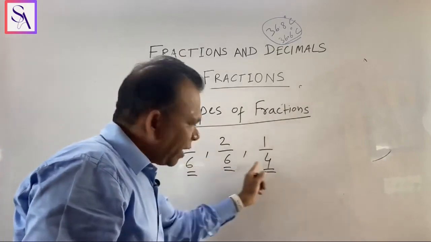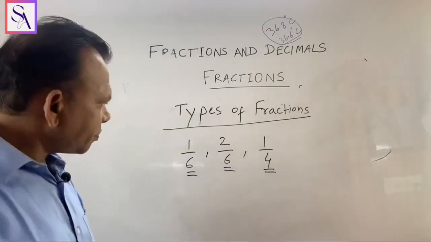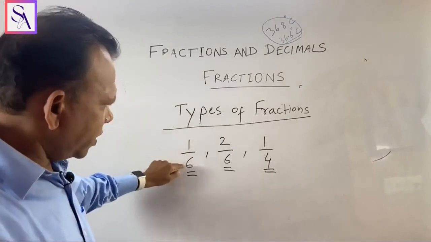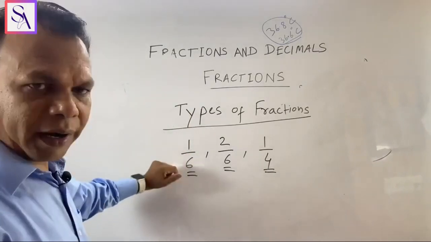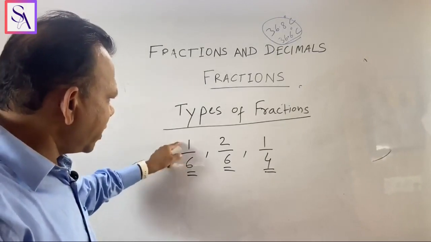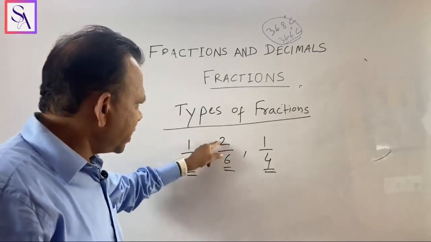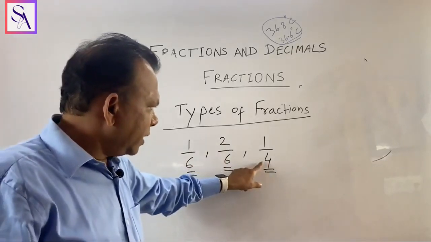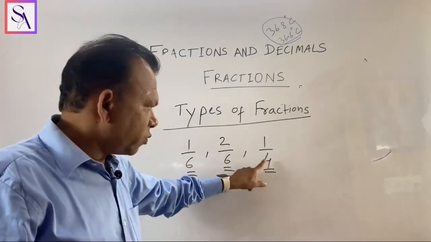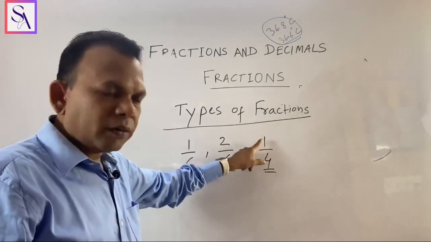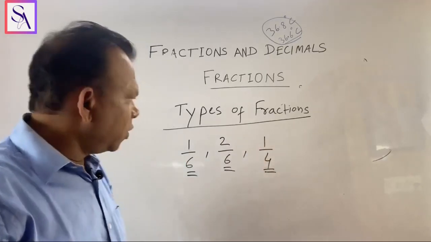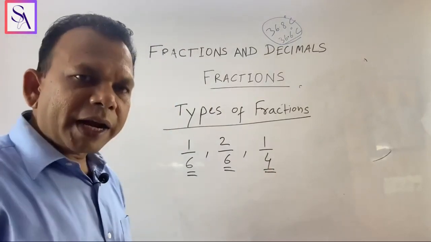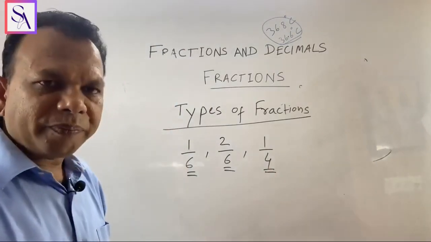So in all three fractions, 1 is smaller than 6. It means 6 is greater than 1, right? So denominator is greater than numerator. 6 is greater than 2. This is also denominator, which is 4, which is greater than numerator. So 4 is greater than 1. So in all fractions, denominator is greater than numerator.